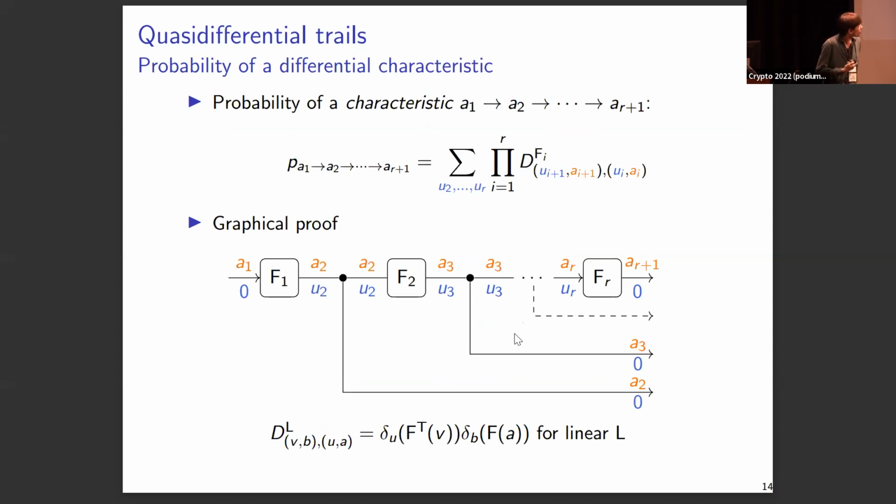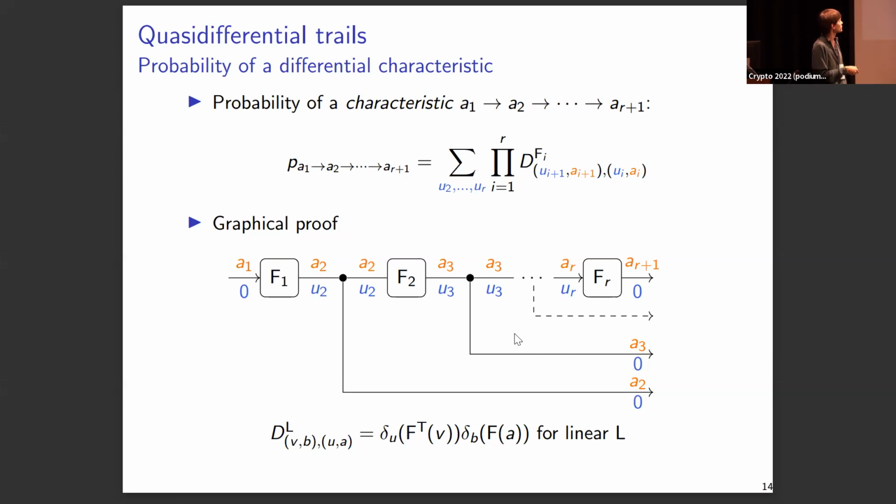Another thing that you might want to do, so that's for computing probabilities of differentials, is to directly compute the probability for a characteristic. And then you do the obvious thing: you just sum only over the masks, because the differences are already fixed in your characteristic. And it's easy to see that this works. The differential characteristic is just a differential, but for a function where your intermediate values are also part of the output.